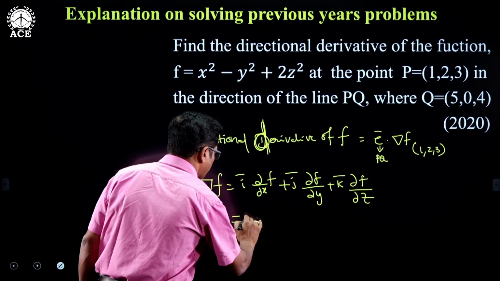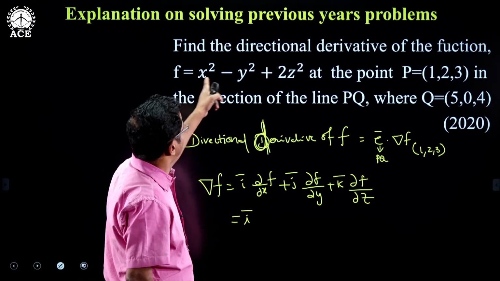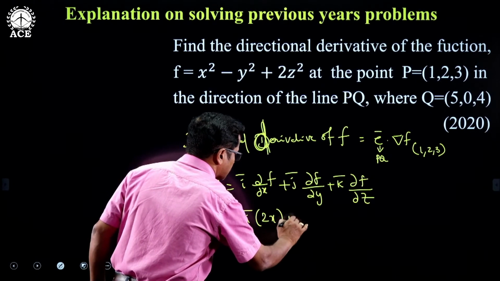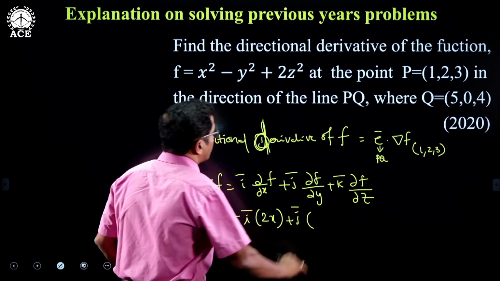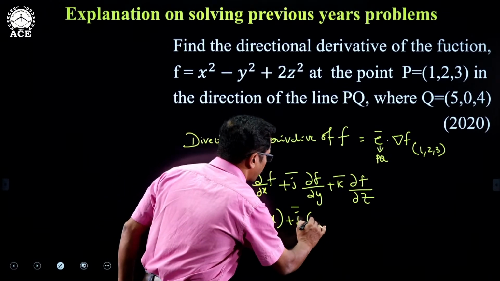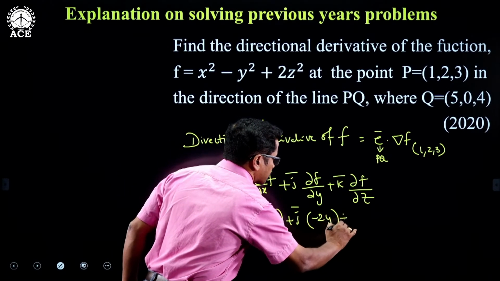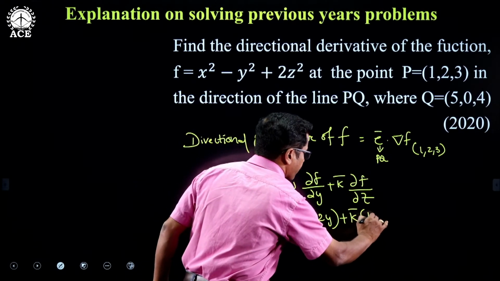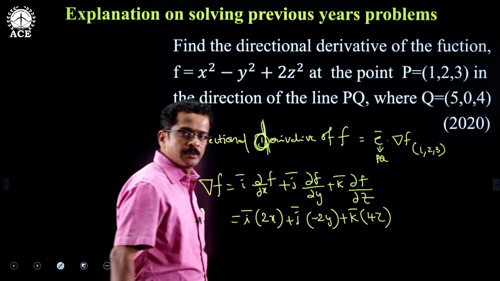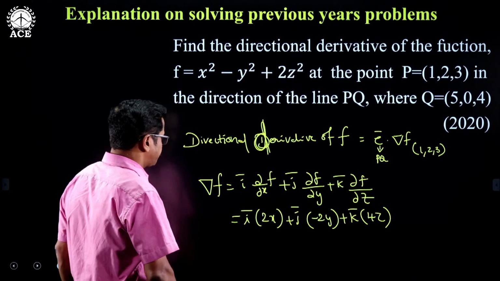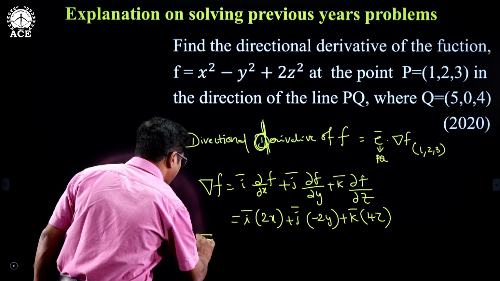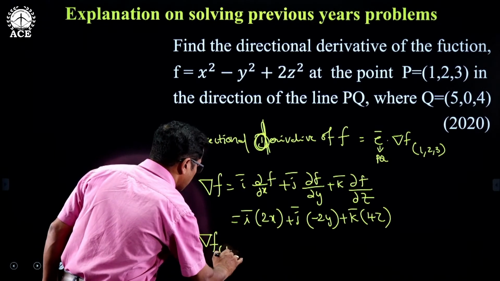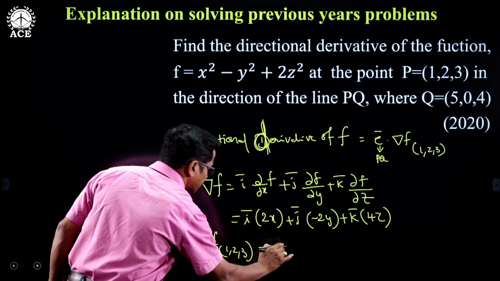So which is equal to I bar into 2x, plus J bar into minus 2y, plus K bar into 4z. Now I am going to evaluate del F at the point 1, 2, 3.